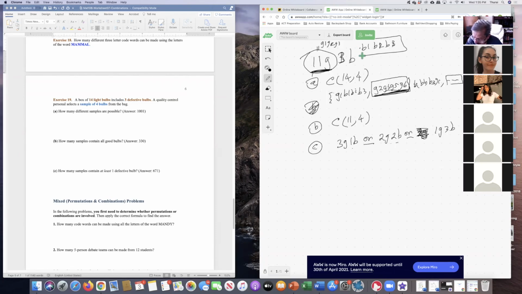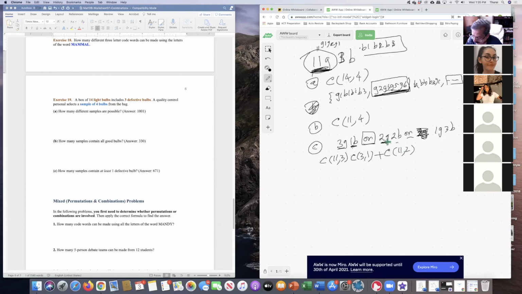So that means this is C(11,3). Good ones had to come from the 11 good ones, and then the bad one has to come from the bad. So C(3,1) ways are there to get 1 bad. Plus, wherever there is an "or", remember, plus. And then C(11,2).